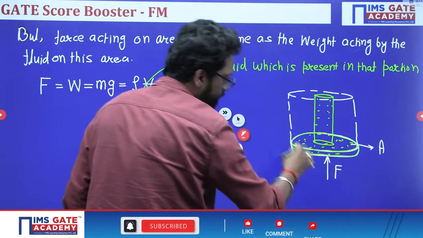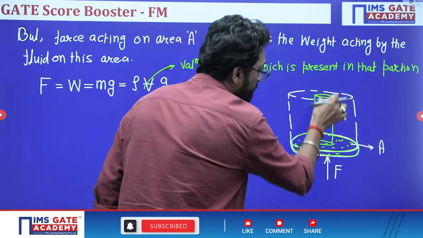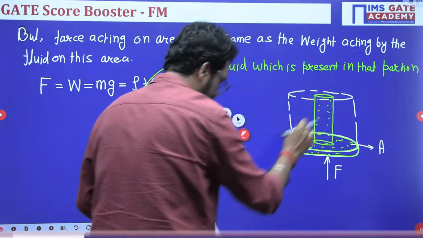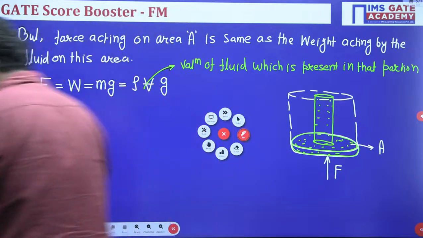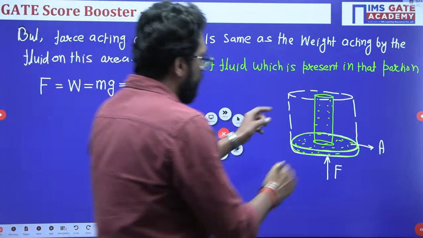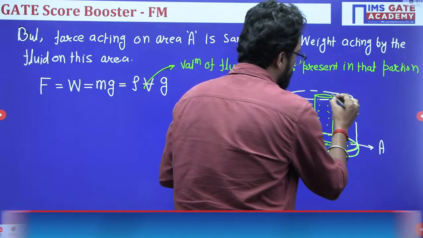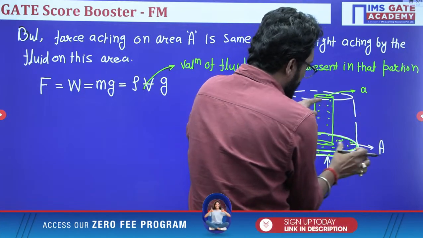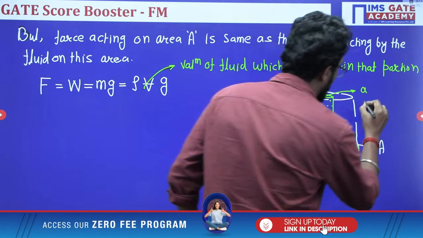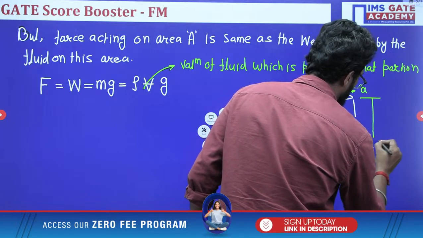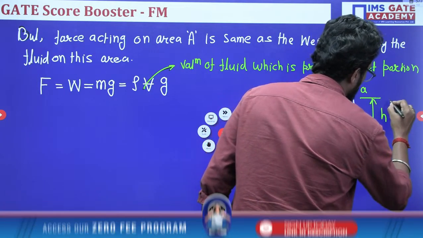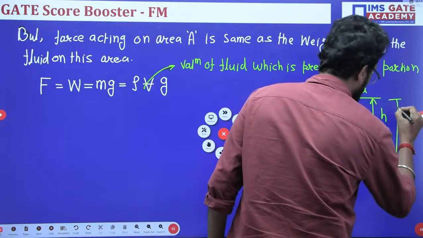Total volume minus, so what is that, beta? This is the total volume into capital area minus this small area A. So, capital area minus small area into height, this height it is given. This height is small h, and this height is your capital H.